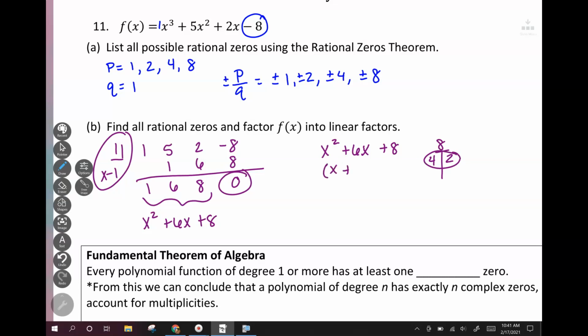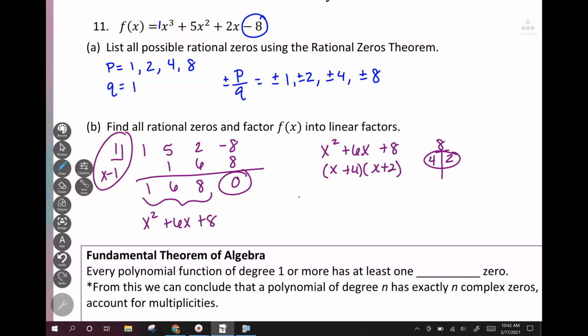So it's going to be x plus 4, x plus 2. Because the coefficient is 1 in front of x squared, you don't have to factor by grouping or do anything else. So x plus 4, x plus 2 are your other two factors.